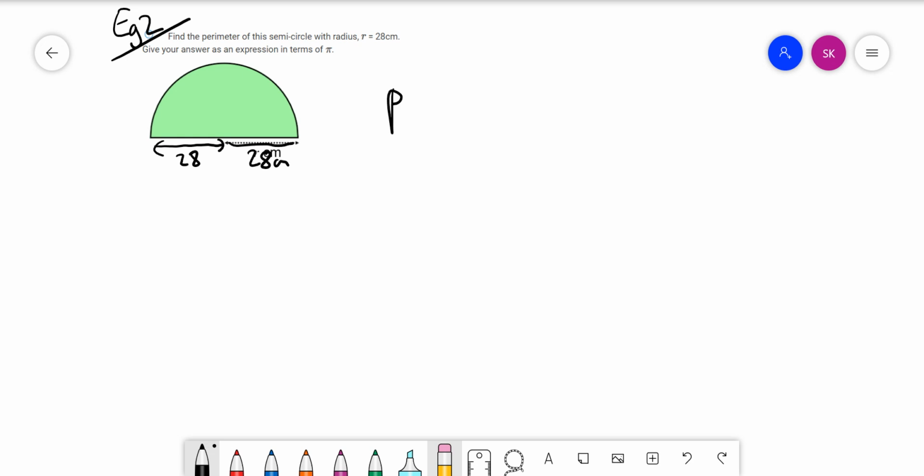So the perimeter is going to be 28 plus 28, which is these two bits combined, that's the straight bit, plus the curved bit, the arc of the semicircle. So the question is all about finding the length of the arc. So 28 plus 28 is 56.